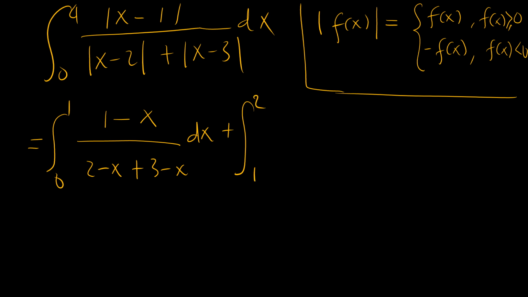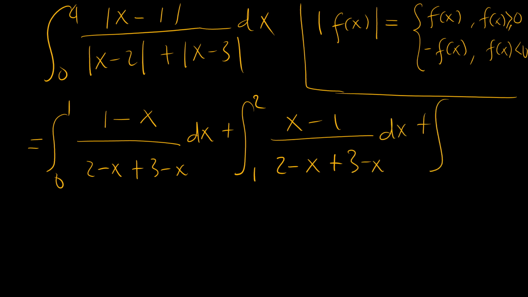x minus 1 is positive in that domain, so it remains, but x minus 2 is negative, so we have negative of x minus 2, we get 2 minus x. x minus 3 is negative, so we have 3 minus x. And then from 2 to 3, x minus 1 is positive, so it remains. x minus 2 is positive, so that remains.